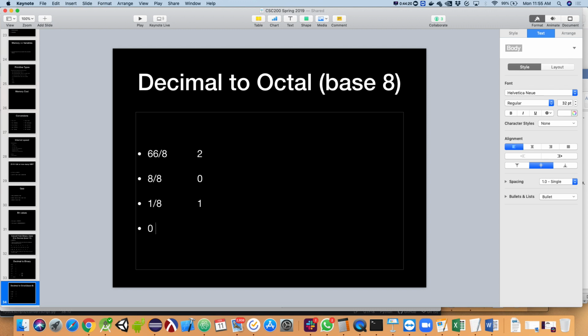We know we're done because we have a 0 there. Final answer, reading it from bottom to up, 102. So 102 octal is equal to 66 decimal. See how that worked? Identical pattern. Questions about that?